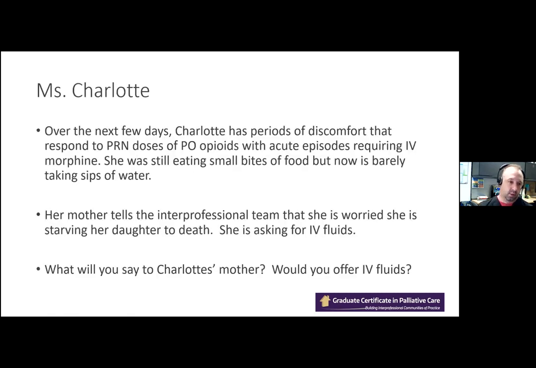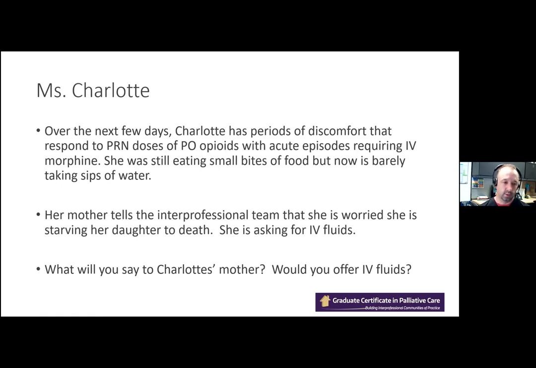So back to Ms. Charlotte. Over the next few days, she has periods of discomfort that respond well to the PRN doses of oral opioids, and some acute episodes requiring IV morphine. She was still eating small bites of food, but now is barely taking sips of water, so she's progressed.